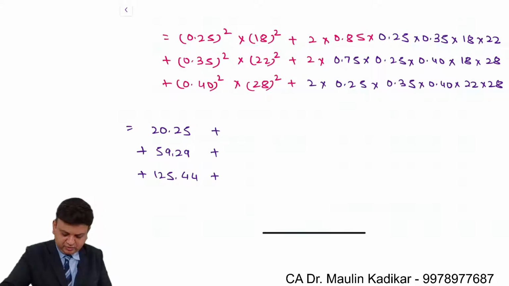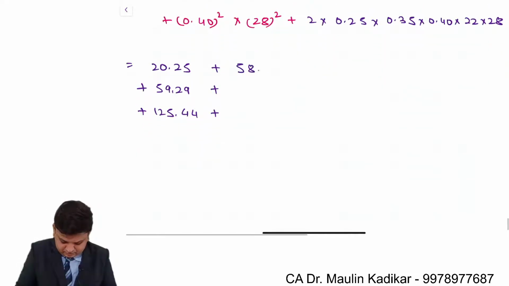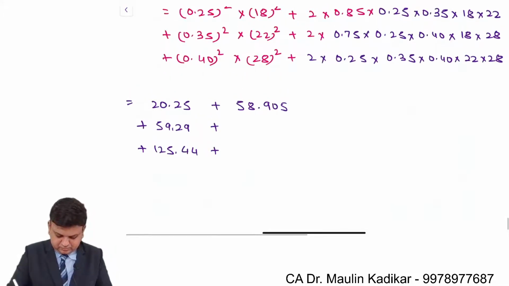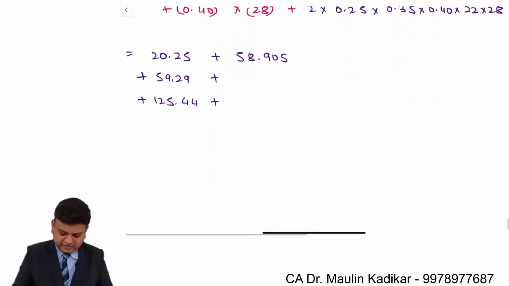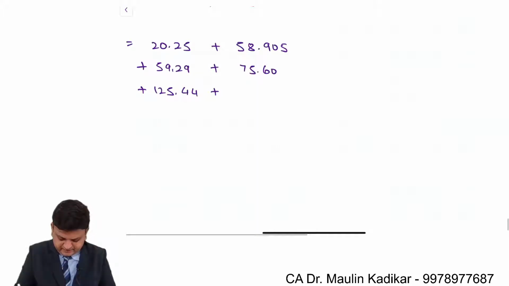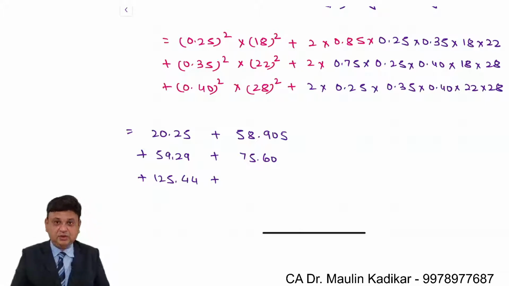Then 2 into 0.85 into 0.25 into 0.35 into 18 into 22, that is 58.905. 2 into 0.75 into 0.25 into 0.4 into 18 into 28, that is 75.6. 2 into 0.25 into 0.35 into 0.40 into 22 into 28, so 43.12.